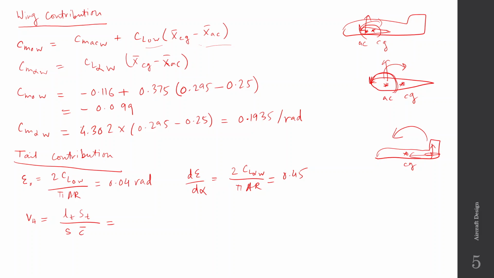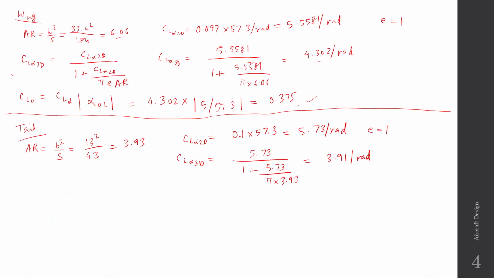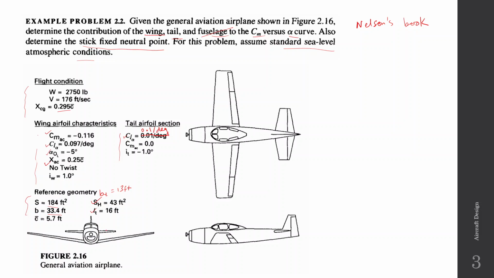LT is the distance between the tail aerodynamic center and the CG. Okay, so that value is given here. LT is 16 feet, and the tail surface area is also given as 43 feet square. The wing surface area is given as 184 feet square, and the wing chord length is given as 5.7.